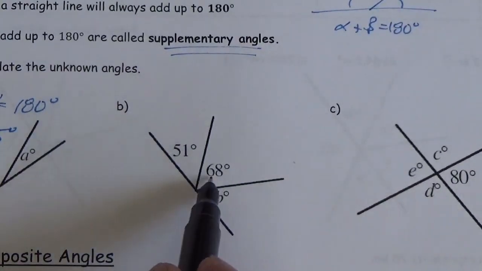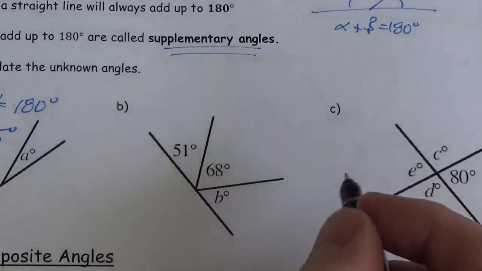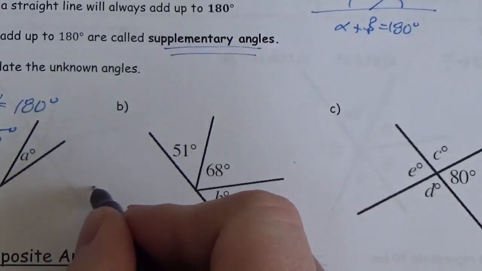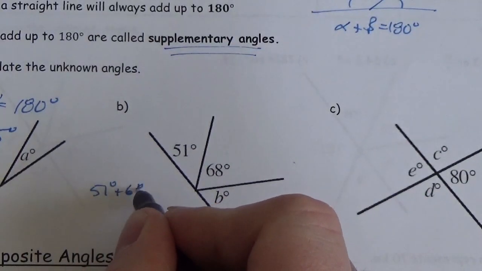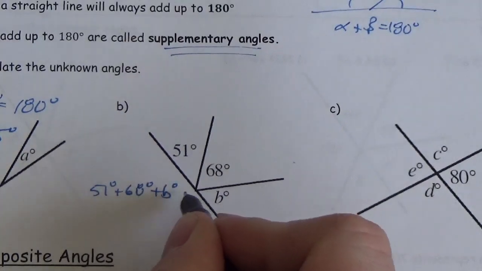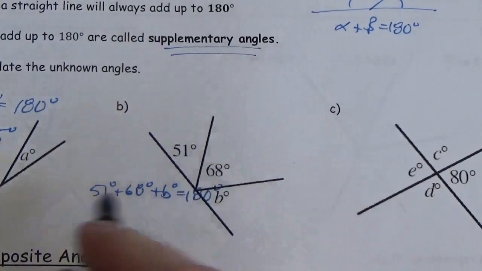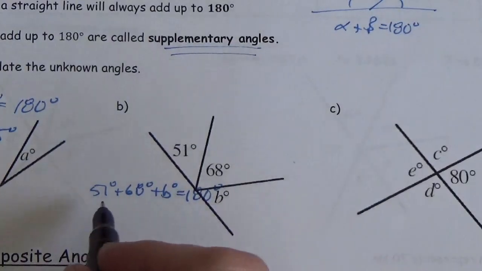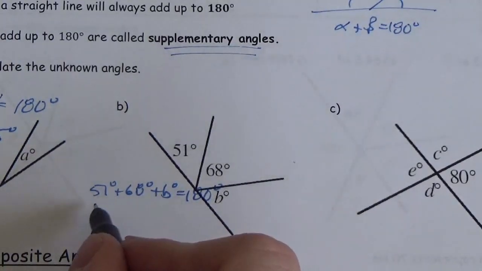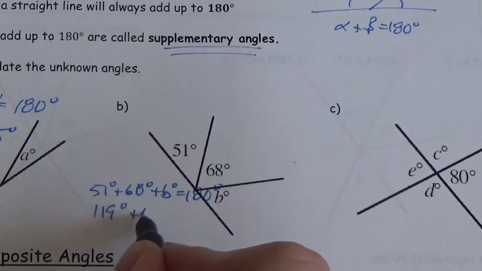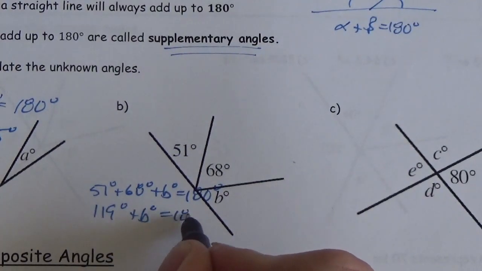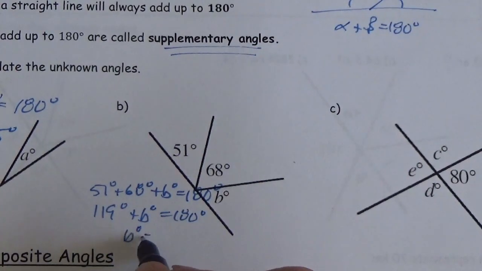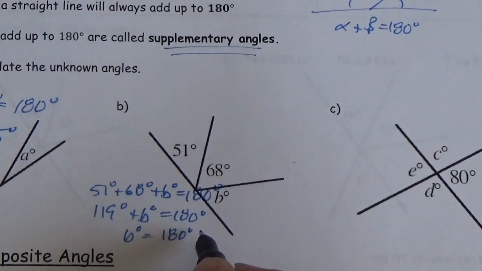Here, I see that these three angles are all adding up to 180. So 51 degrees plus 68 degrees plus B is equal to 180 degrees. So 51 plus 68 is going to be 119 degrees, plus B degrees is equal to 180, which means B is going to be 180 degrees minus 119 degrees.